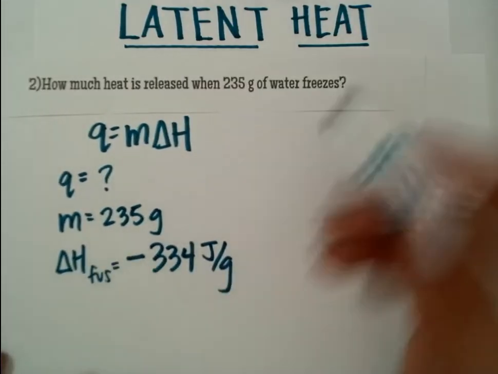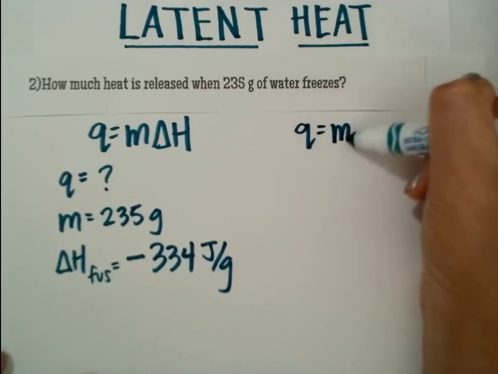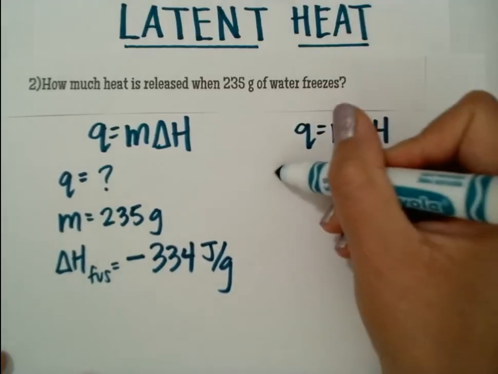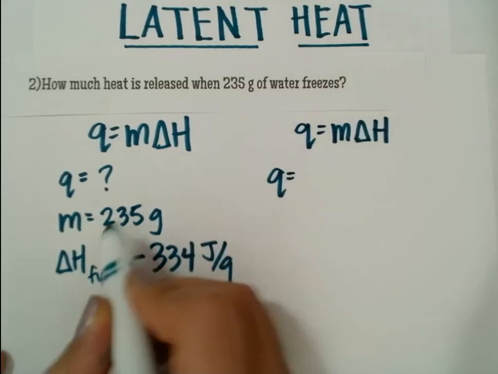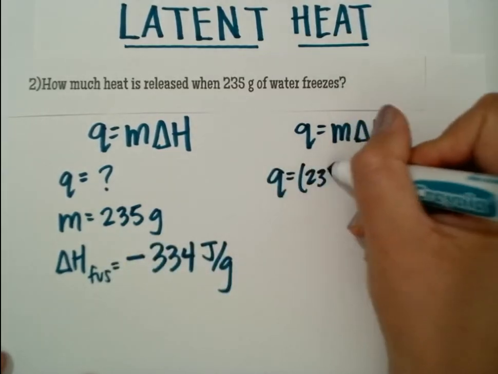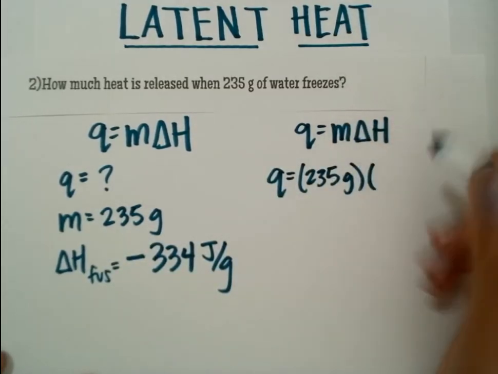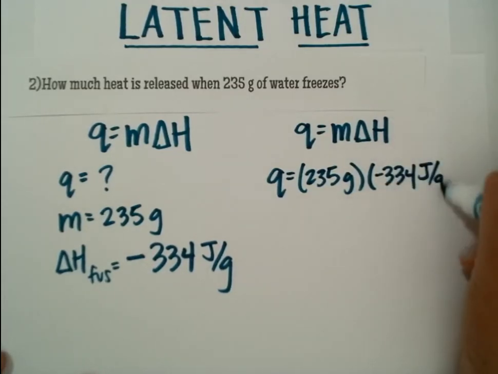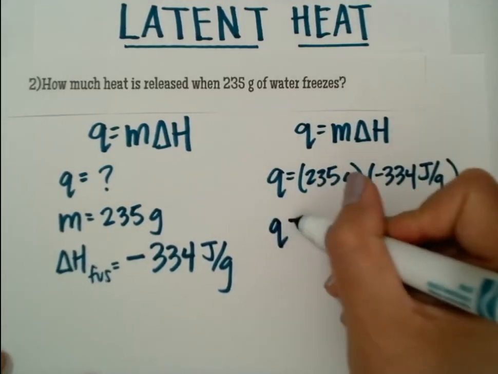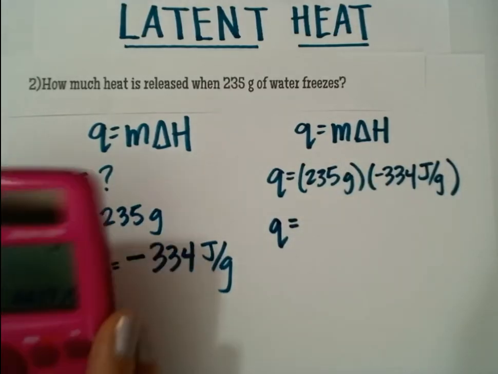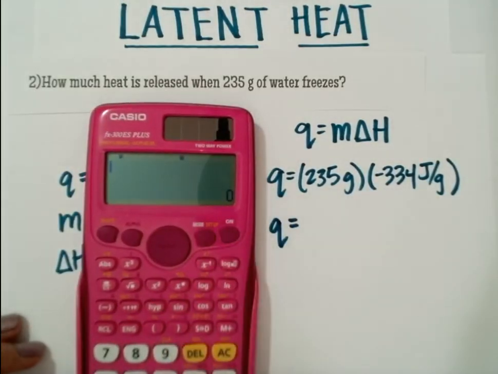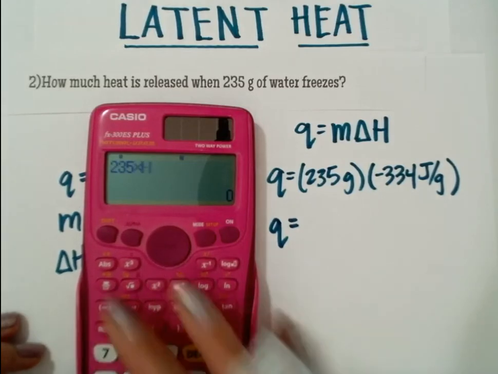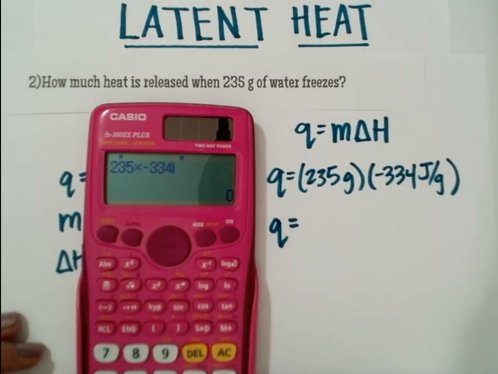So again, I could just plug these numbers into my formula. M is 235 grams. Delta H is negative 334 joules per gram. So my Q value is 235 times negative 334.